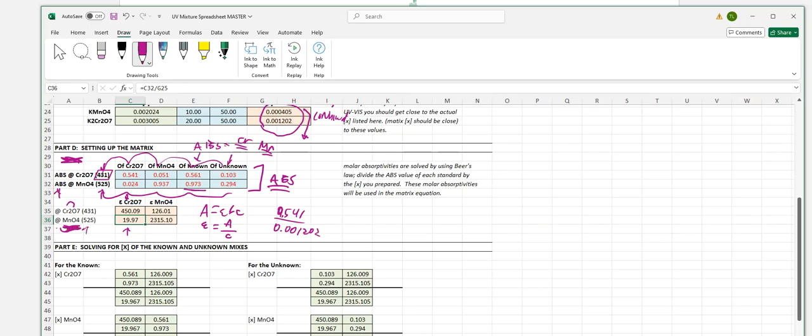Manganese's wavelength. So this is the chromium column, and we want chromium, so that's 0.024 divided by the concentration.